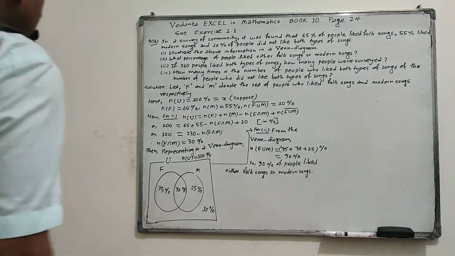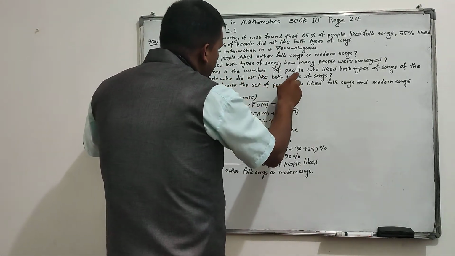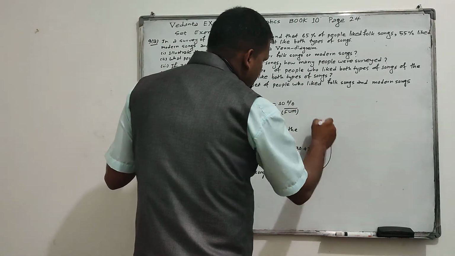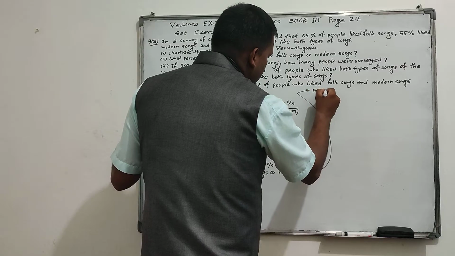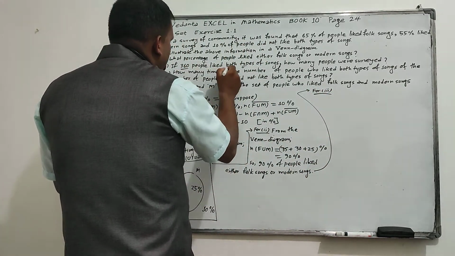Now for 3, if 360 people like both types of songs, how many people were surveyed? For 3, 360 like both, that means intersection.